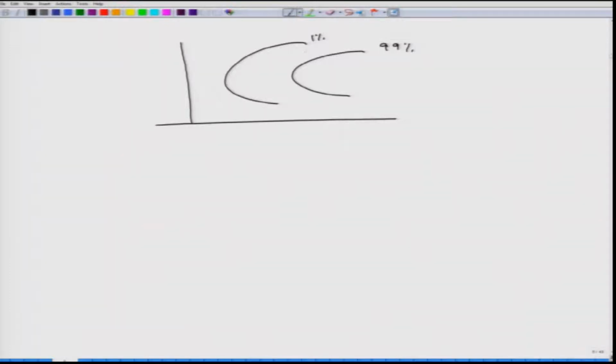We can accordingly draw different other points which correspond to, let us say this is 10%, this is 70%, and like that we can have different other curves, and this is temperature and time. And here if it is a liquid, this is the critical point which we call the nose.